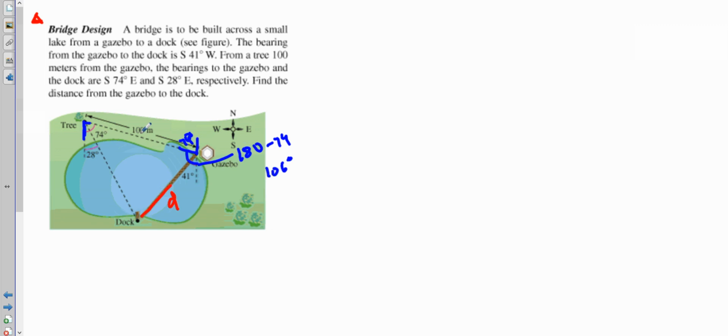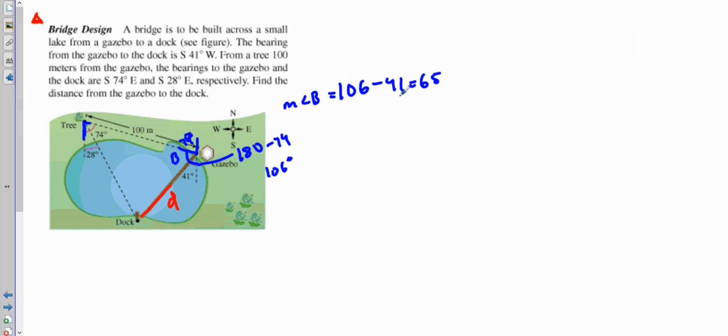That's why we're going to find all the angles inside the triangle. If this whole thing is 106 degrees, then this angle inside the triangle, we'll call it B. The measure of angle B is going to equal 106 minus 41, which equals 65 degrees.